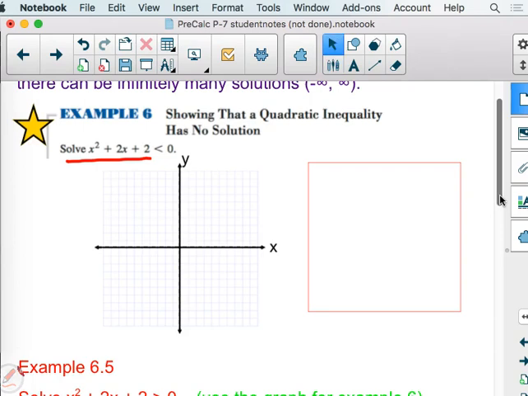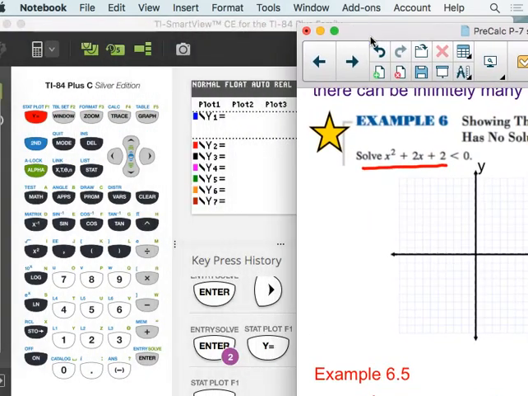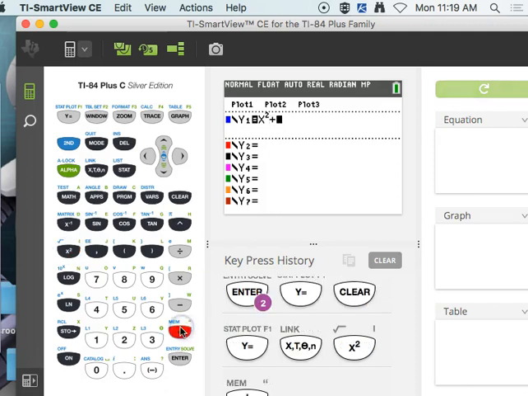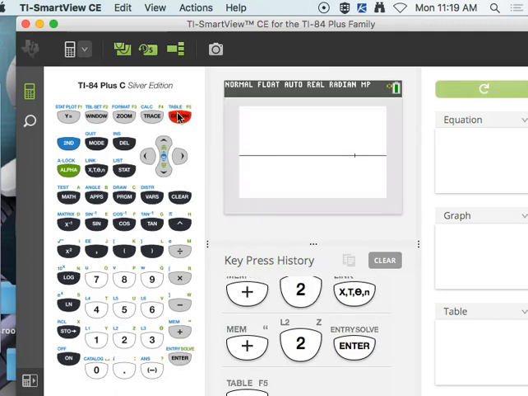So let's get this in the graphing calculator, and let's put p at x squared plus 2x plus 2. That's with my Zoom box from another problem.